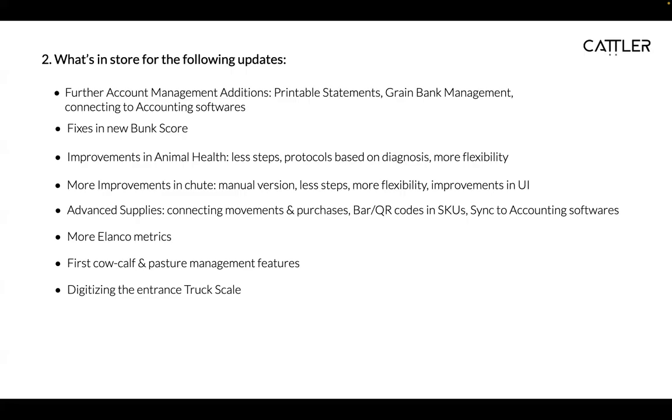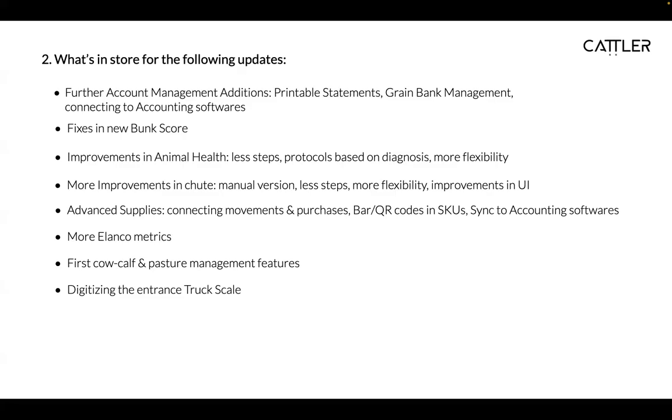In animal health, we're focusing on creating fewer steps to do some things, giving more power to the protocols and connecting them more to the diagnosis, having more reports, typically treatment response reports, and more flexibility.